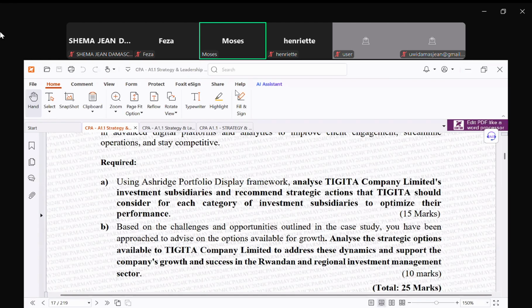So Henriette has asked a question about taking a calculator. I'm going to show you a question that required a calculator.